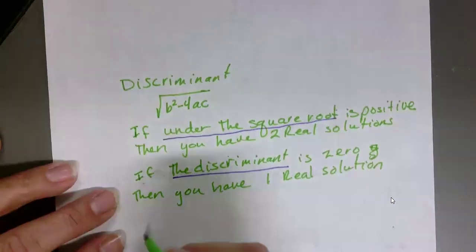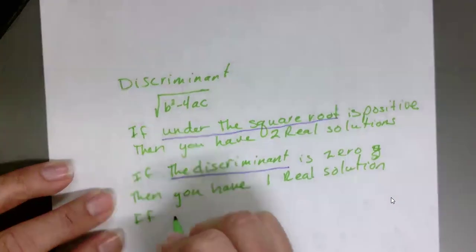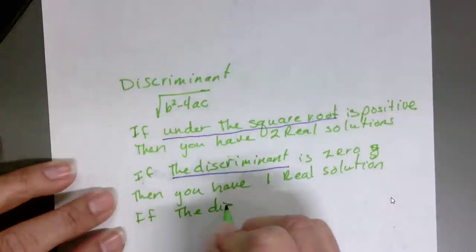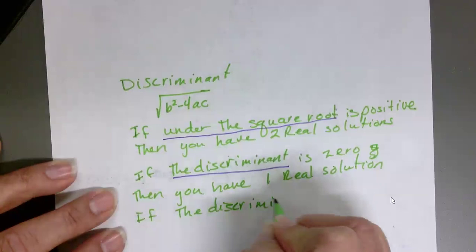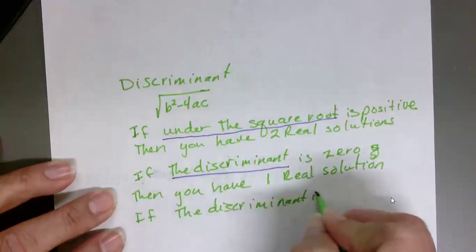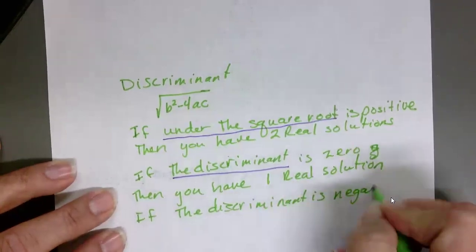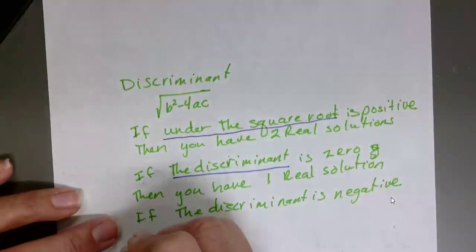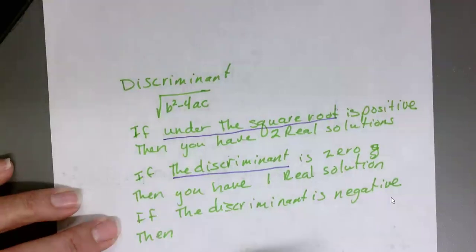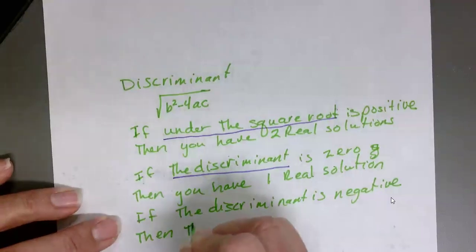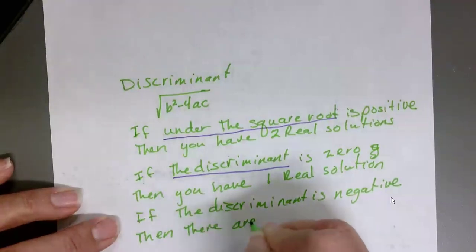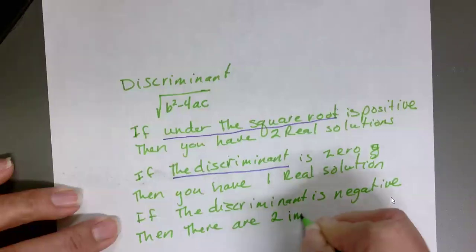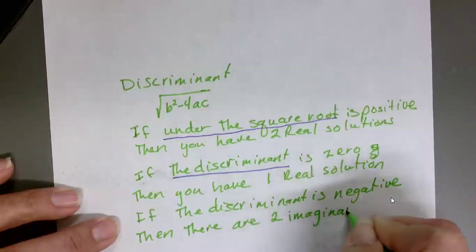The last option is if the discriminant is negative. What is that going to do to your solutions? Then there are two imaginary solutions.